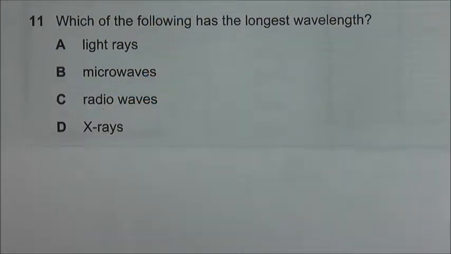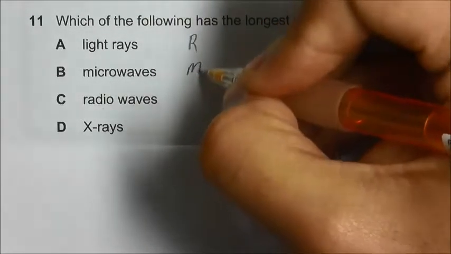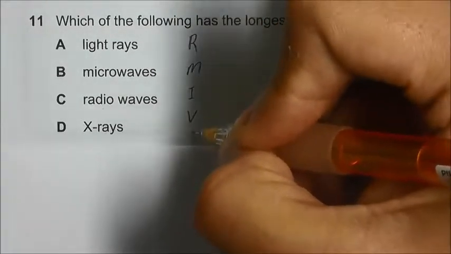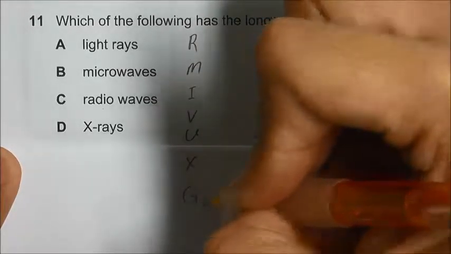Okay, to solve this question, we can use the mnemonic: Romeo's mother is very ugly, exclaim grandma.